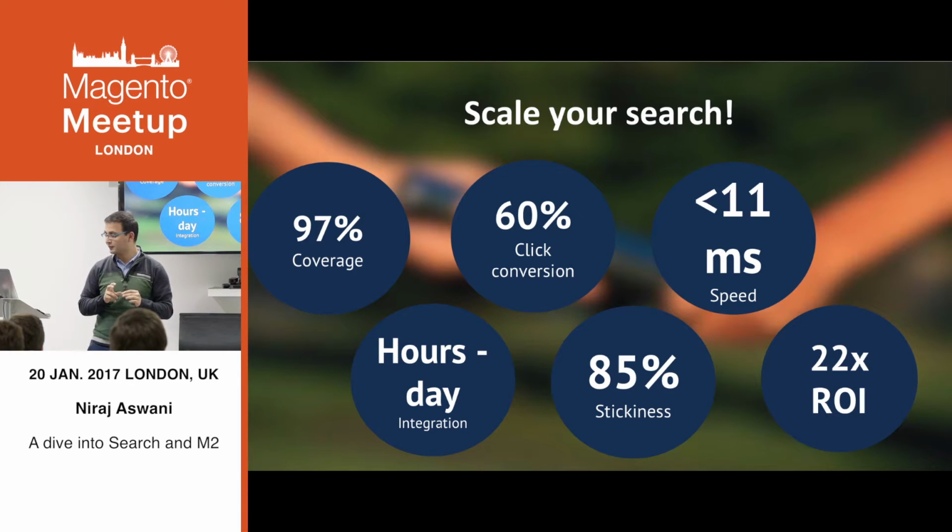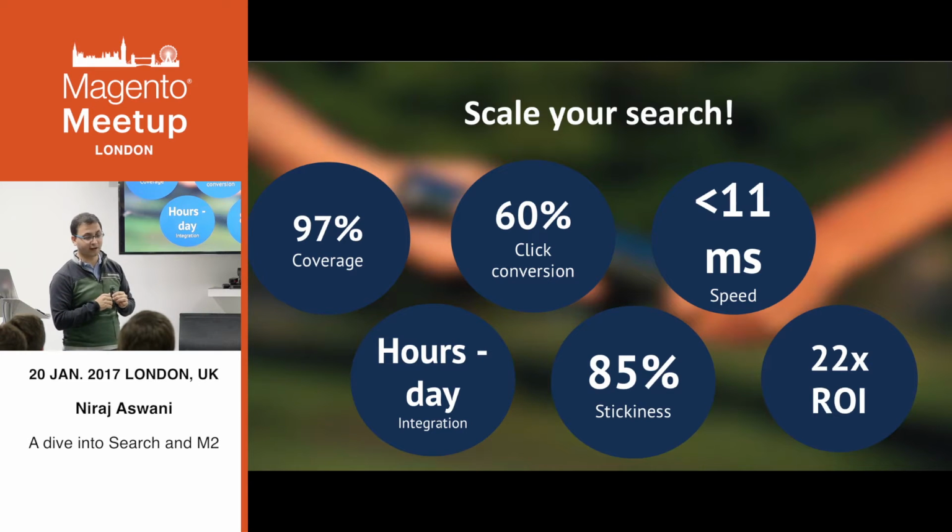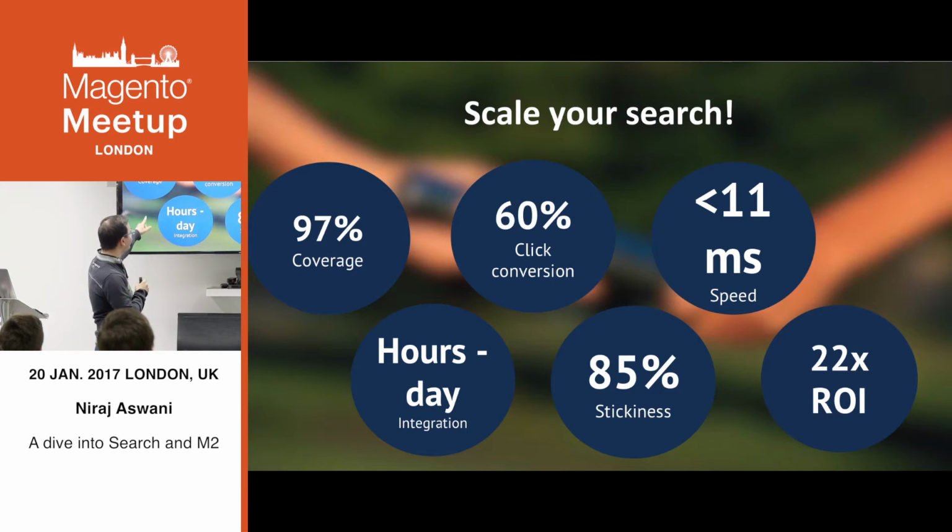So some of our customers who have actually gone live with this kind of features, here are some numbers, the sort of advantage that they are getting. Because we are enriching the catalog, we are covering lots of contextual information from the catalog, 97% of the queries are answered. You will hardly get no result found.